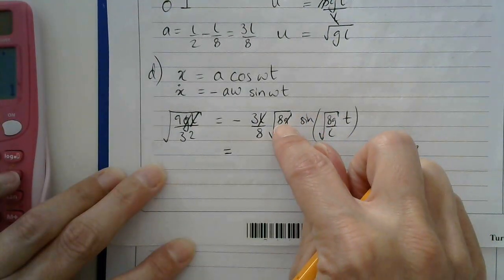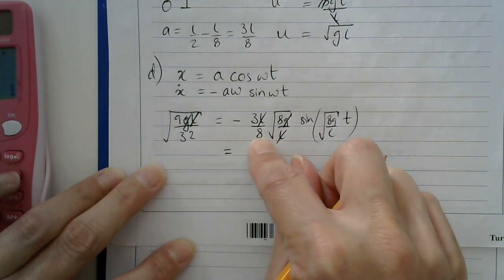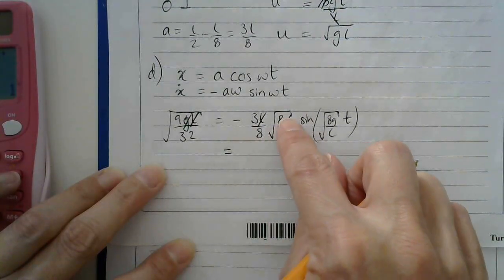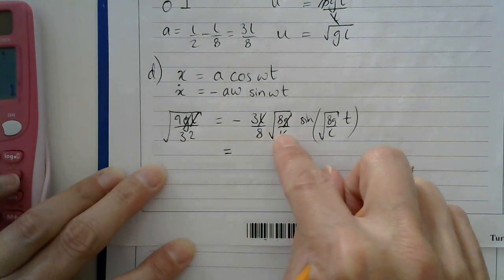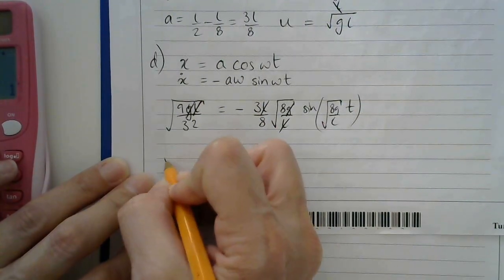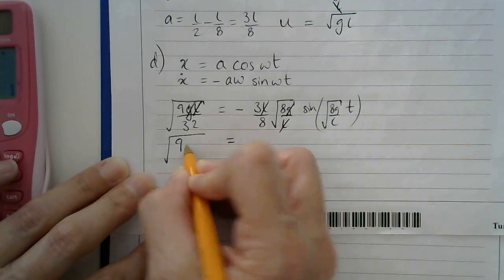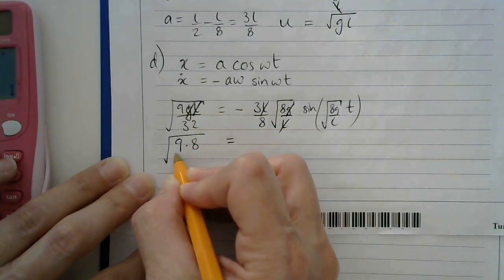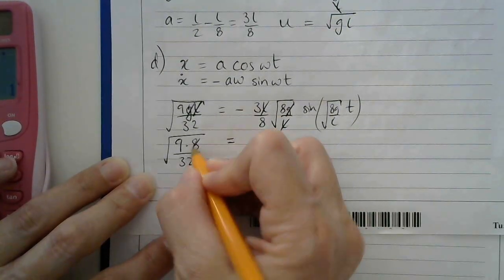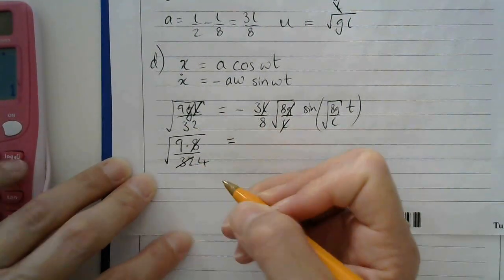Here I've got root 8 divided by 8, and so that's going to give me a root 8 on the bottom, which then ends up on the top over here. So on the left hand side I'm going to get a 9 and 8 times 8 on the top and a 32 on the bottom, and the 8 will cancel with the 32 to make 4.